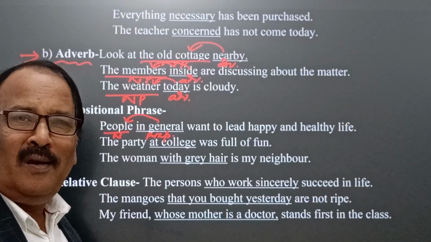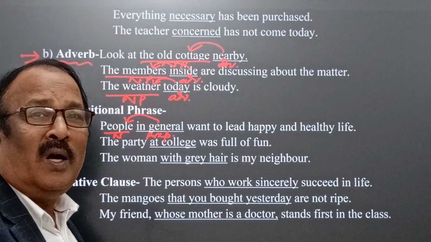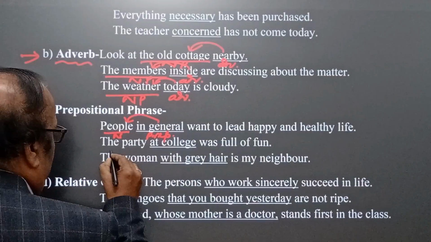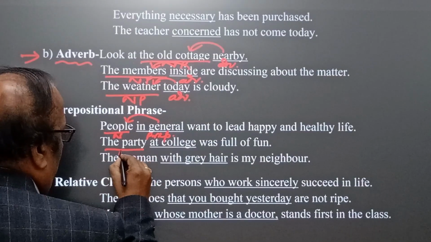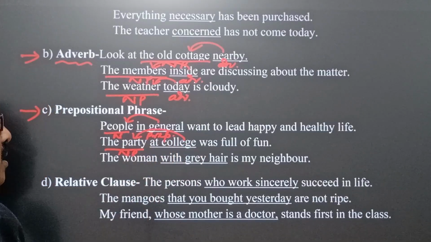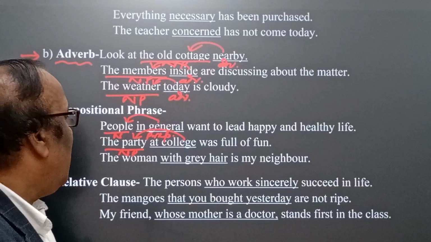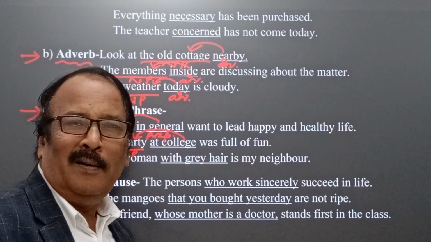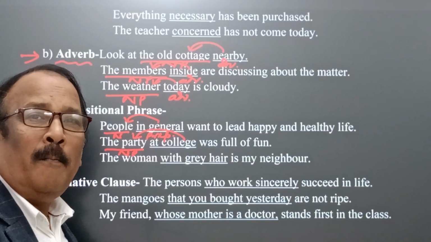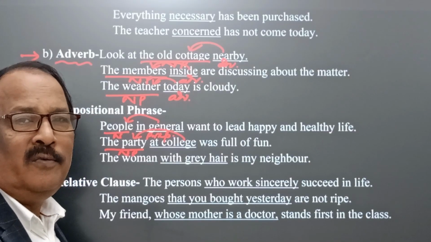It's very natural. Everyone wants to lead a happy and healthy life. The party at the art college: here the party is the noun phrase, and at the art college is the prepositional phrase. The party was full of fun. It was really a party full of fun.